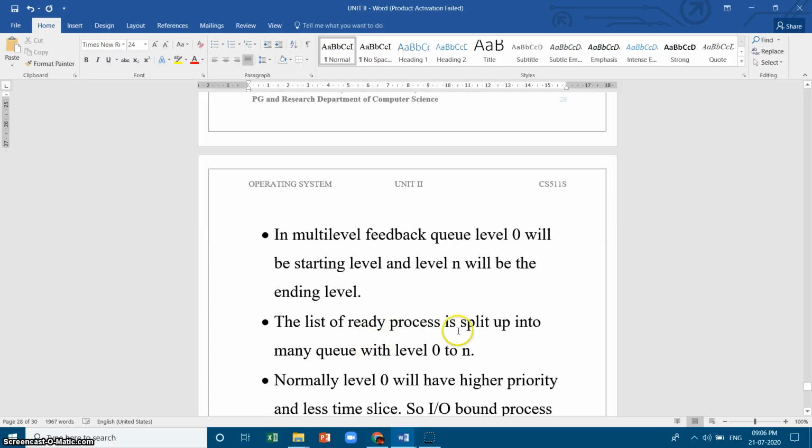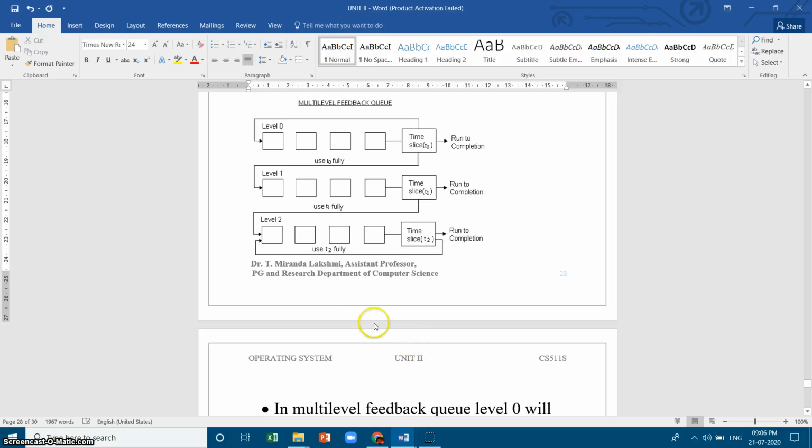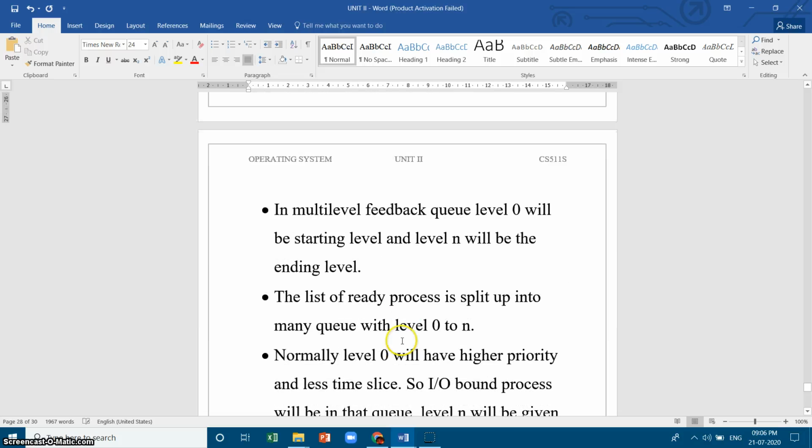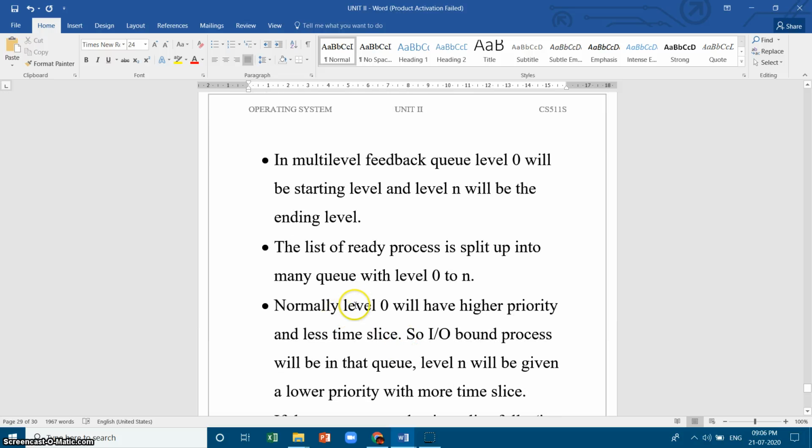The list of ready processes is split into many queues in level 0 to n. So this is one process, this is another process, this is another process. Similarly, in level 1 we have different processes, and in level 2 we have different processes. Normally level 0 will have higher priority and less time slice.